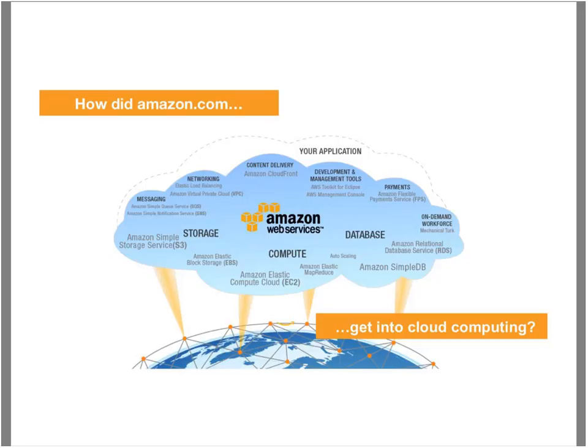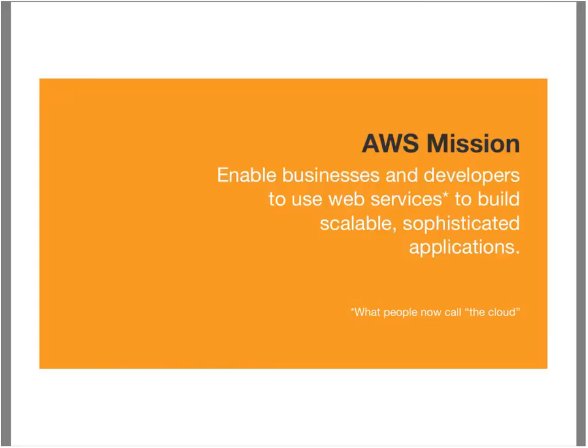And now you have a highly elastic infrastructure that provides what we call the AWS mission, which is to enable businesses and developers to use web services to build scalable, sophisticated applications. What you'll notice here is that it's not really a mission to provide information technology services per se, but a mission to enable our customers to build a marketable capability for themselves or to provide for a business mission need for themselves.